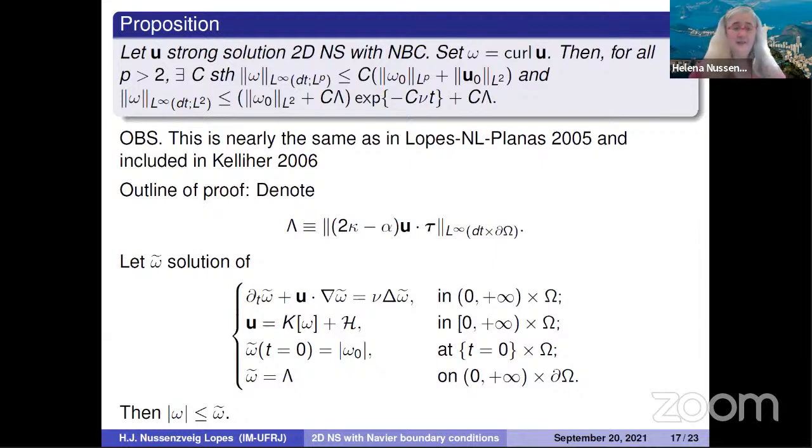Then, since the absolute value of omega is less than or equal to omega tilde initially and on the boundary, because of the Navier boundary condition, then we get that everywhere on capital omega, the absolute value of the vorticity is bounded by omega tilde.